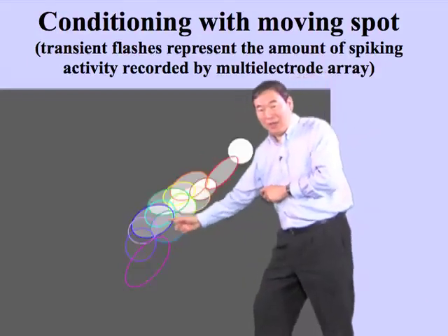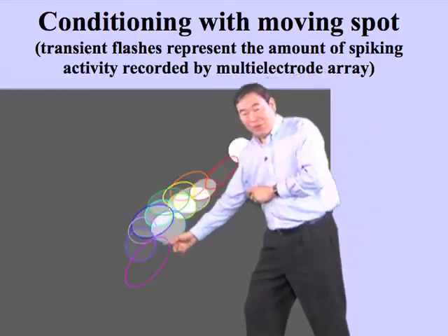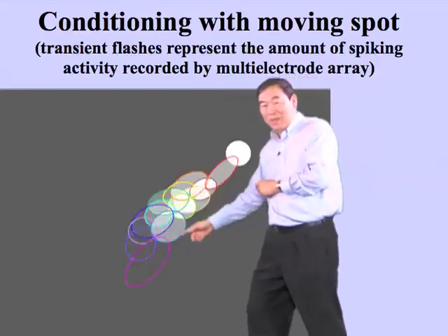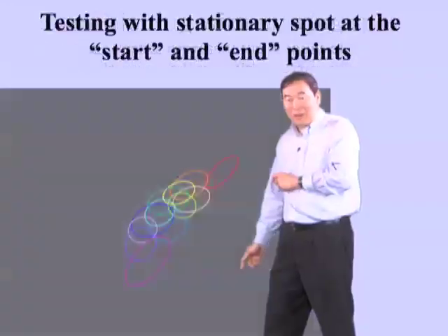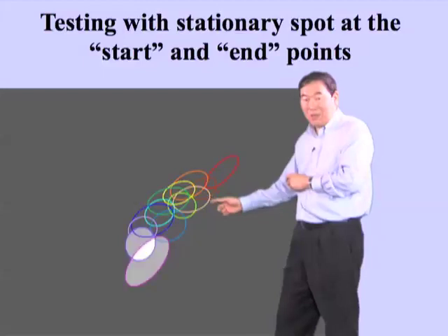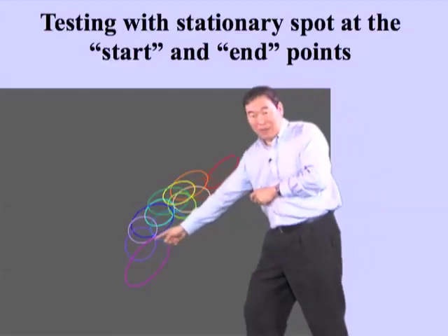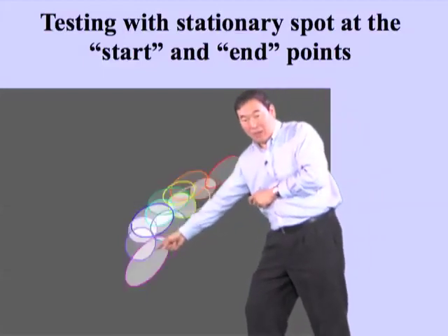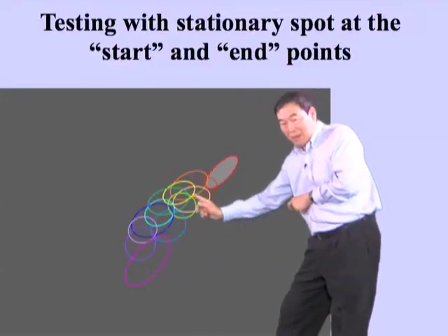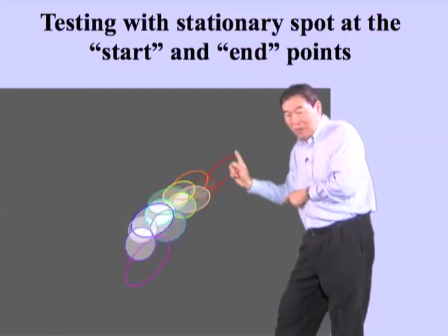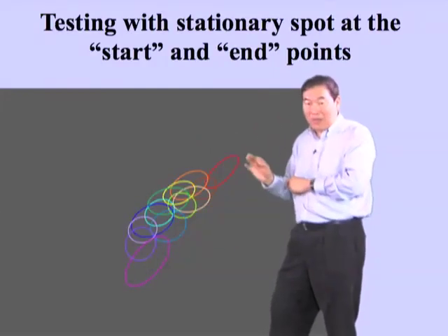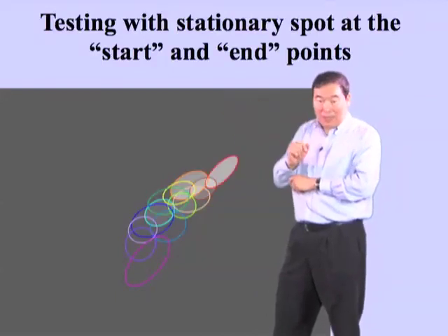We have a conditioning that moves across the field, so we are strengthening the connections among this group of cells. Now we are doing the testing with a stationary spot. Remember, we have only a spot flash. The spot is not moving, but there are waves created. Sometimes the spot is here, sometimes here. A stationary spot triggers activity in the cortex.